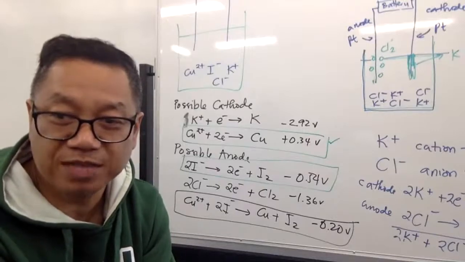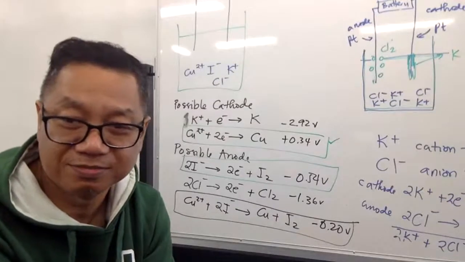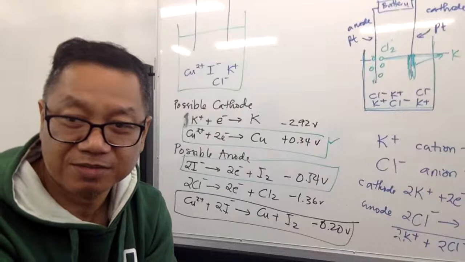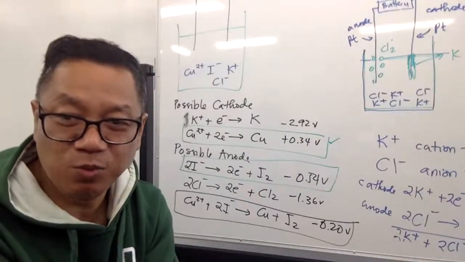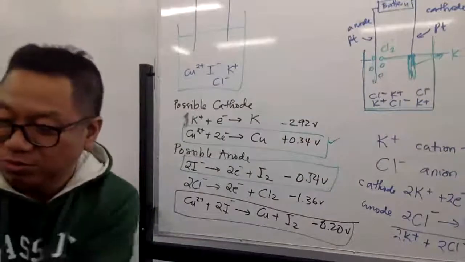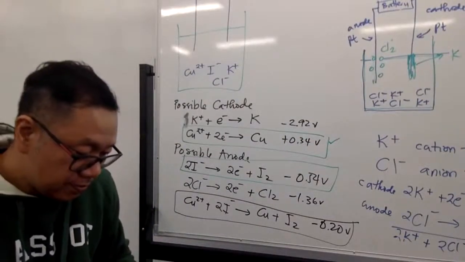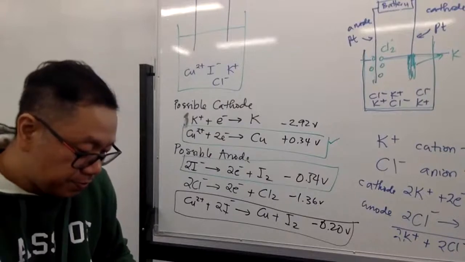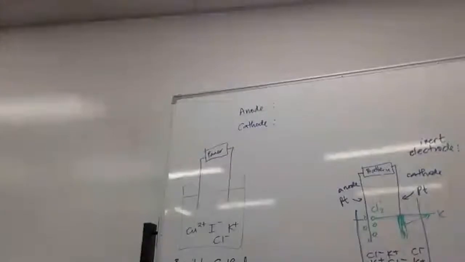You asked why we use a different E-cell for water. With water, there are only 2 reactions that you should be choosing. This is the anode one you use for water.